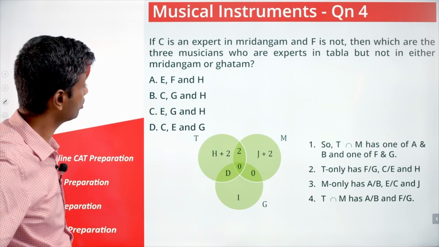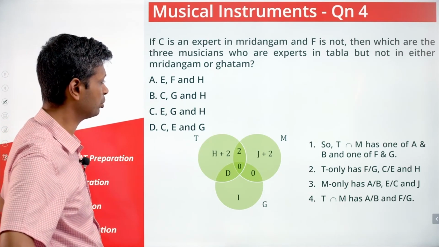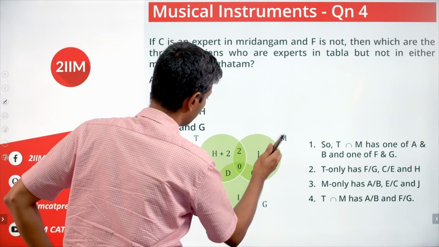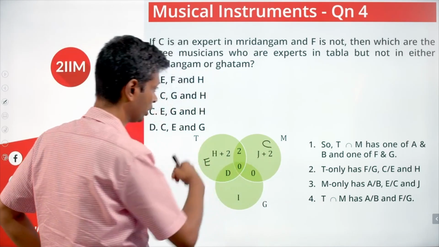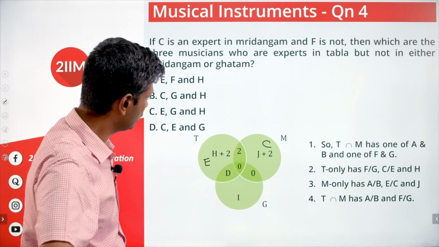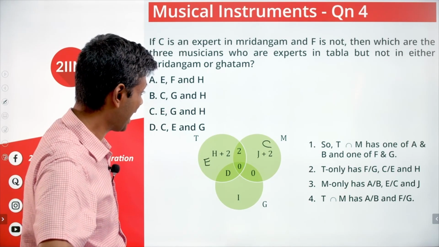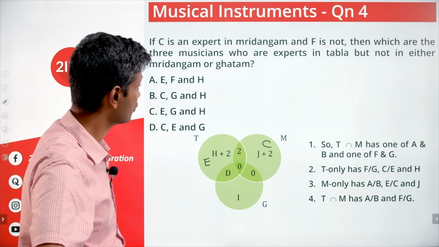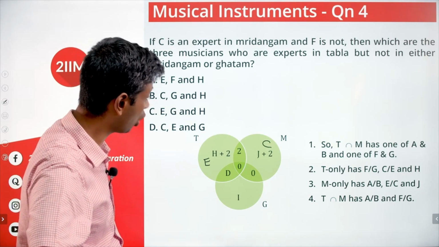If C is an expert in mridangam and F is not, that means this should be C, that means this should be E, E should go here. T only has F and G, C and E and H. M only has A/B, E/C. C is an expert in mridangam and F is not.